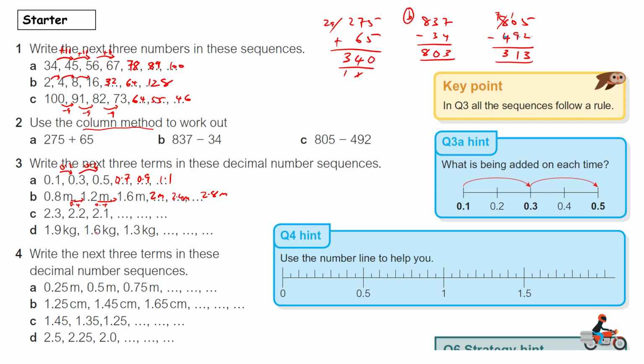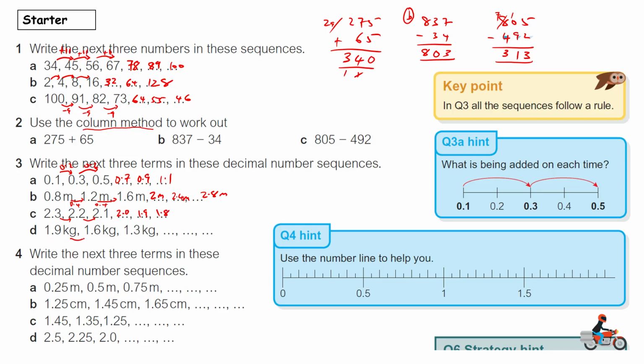On part C, what's going on here each time? It's coming down by 0.1 each time. I haven't got much room to write it in there. So 2.3, 2.2, 2.1, so you go 2.0, 1.9, 1.8.